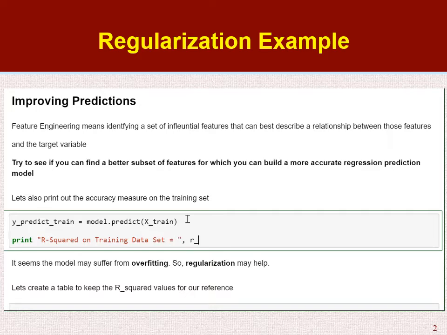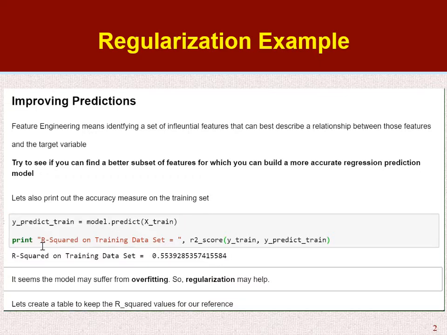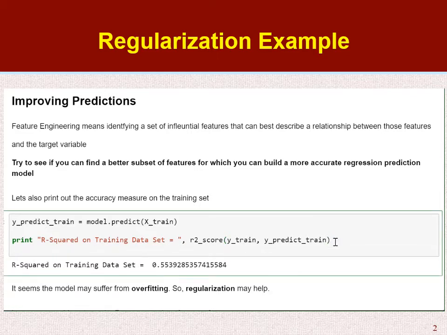And then I'm going to ask for the R2 score, and give it y_train and the predicted value, y_predict_train, the actual value and the predicted value. So the R squared value on the training dataset is 55%, which is higher than what we had for the test set.